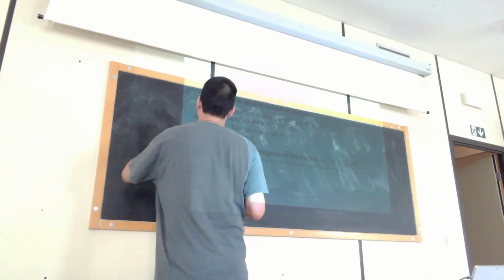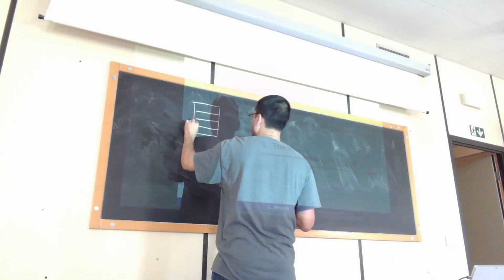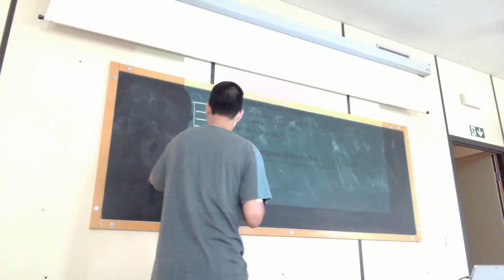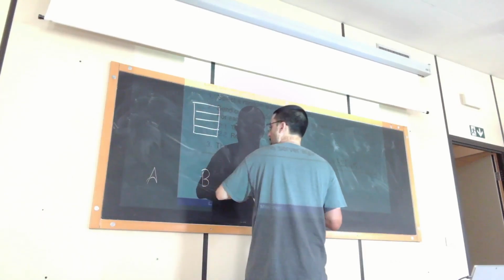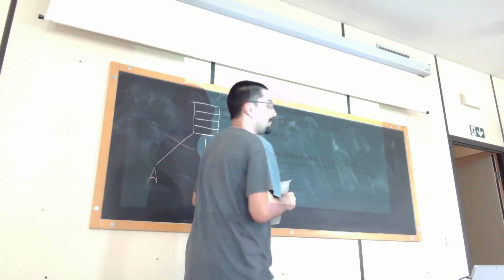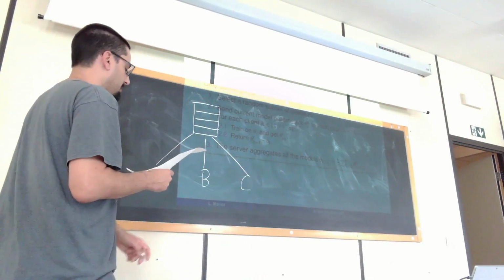So the idea is that we have our central server, let's say, and then we have, for example, Alice, Bob, and Charlie, who are connected to this central server. So these are the 3 clients in this simple example.